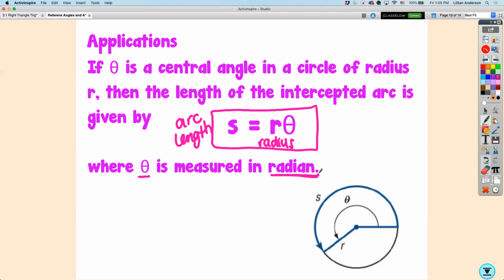Arc length is essentially part of your circumference. So this right here represents the length of your arc. It is part of your circumference. Theta is the angle that essentially creates that arc.